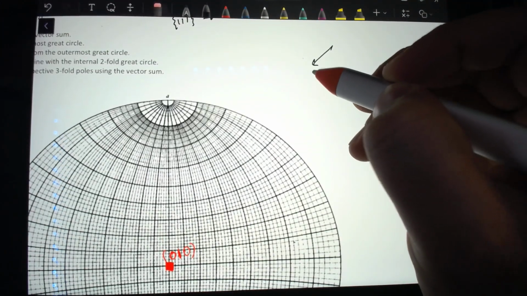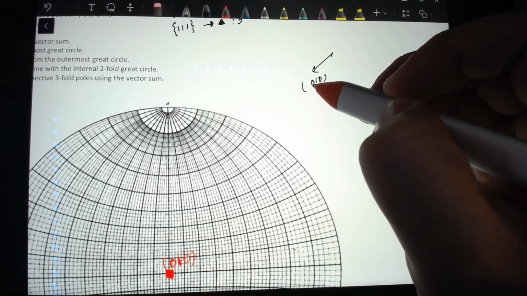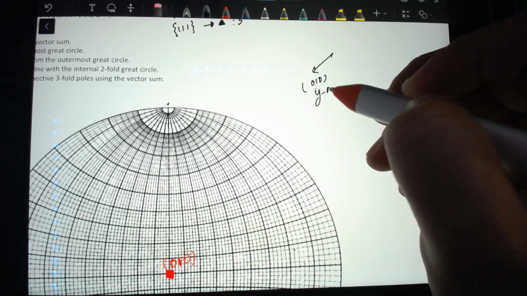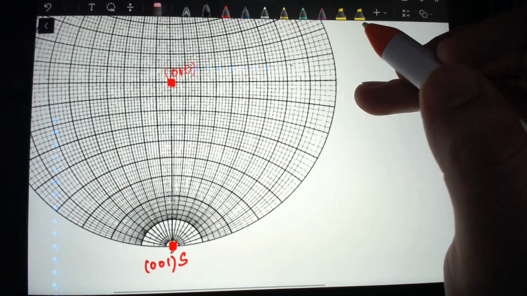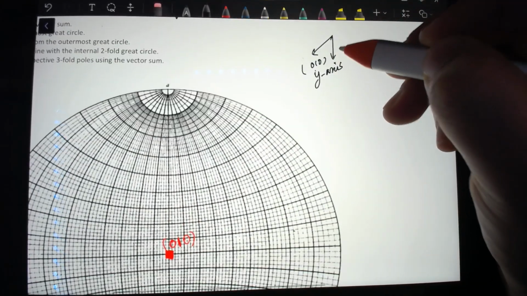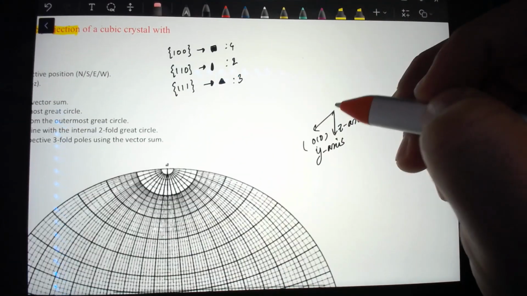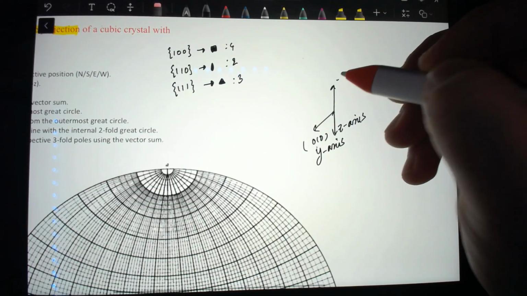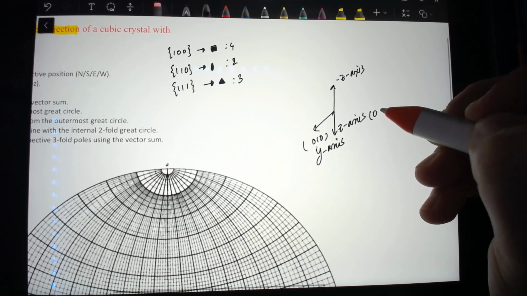We have the 0, 1, 0 coming outwards, and as you will see, this is the Y axis, and then the south pole is 0, 0, 1, which is the Z axis. So this over here is the Z axis, which means that the one at the top would just be the minus Z axis.